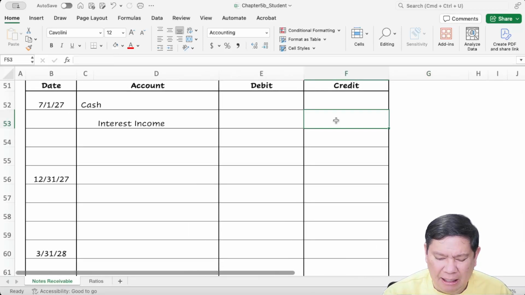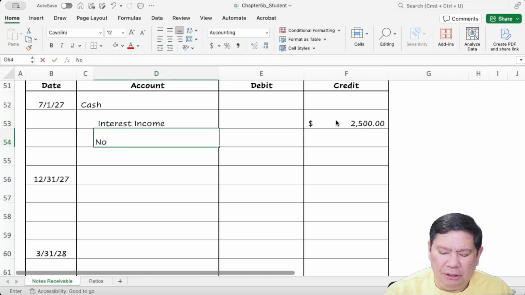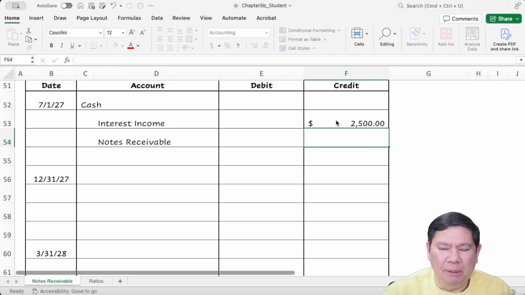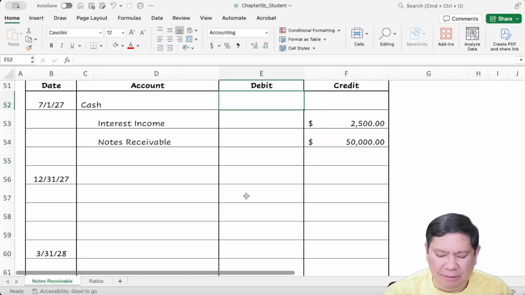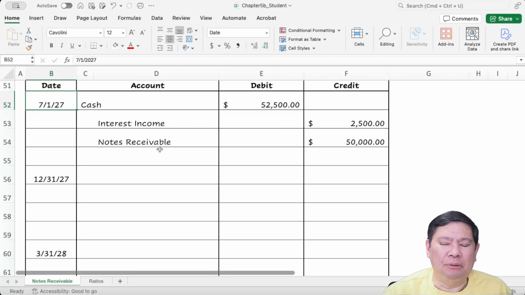So interest income is 2,500. And then notes receivable will have to be canceled for $50,000. So that means we are going to receive cash $52,500. That's the first date, July 1st, 2027.